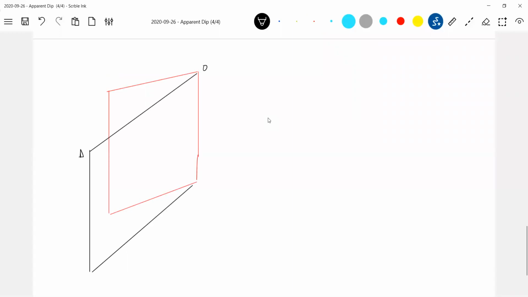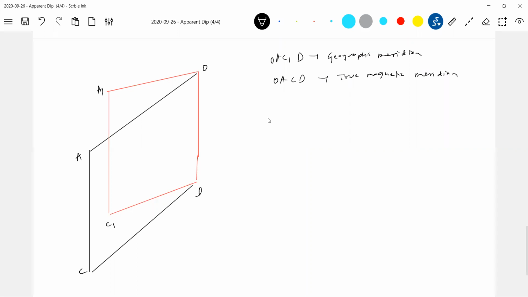O, A, C, D, A1, C1. This is OA, C1, D is the geographic meridian, and OACD is the true magnetic meridian. Okay, this much is there.